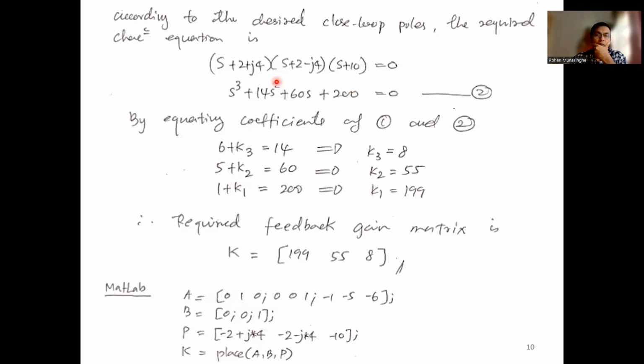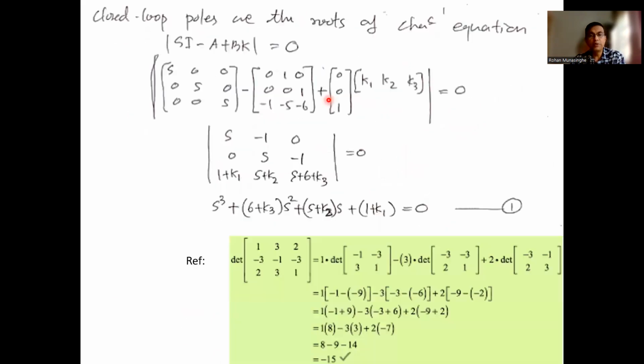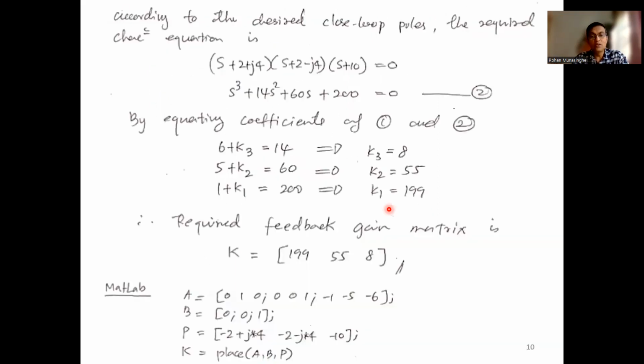So if you take the desired poles and write down the characteristic equation, you get this polynomial of S. And when you compare this one with the previous one, number 1, S to the 3, S to the 2, S and constant term, respective coefficients, you can compare and write down a few equations with K1, K2, and K3 and solve for them.